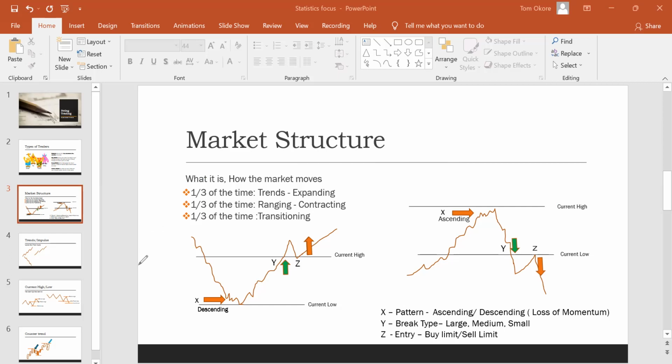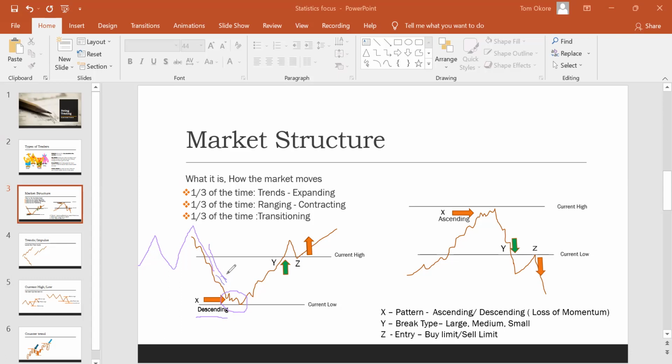So assuming the market was going like this, down, and then it starts going down like that, something happens around here. There will be a pattern. Right now, don't worry so much about how that pattern will look, but there will be a pattern and you will know it. And we call it a descending pattern. Why? Because this market is going down like that.